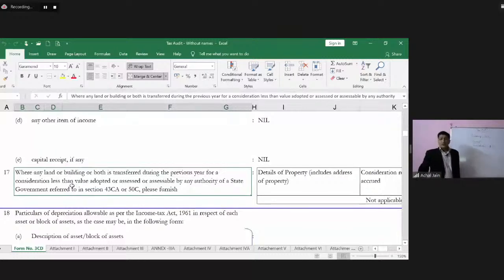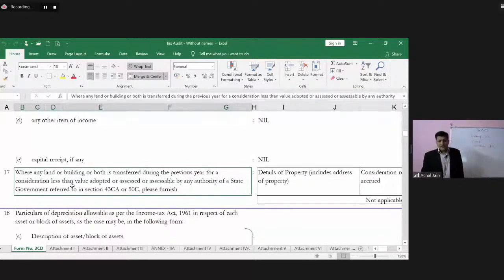Tax auditor can also look at some external sources in respect of the valuation of that area by physically checking it, or by getting it physically checked, or getting it verified from the valuations which would have taken place near around that area wherein this land or building would have been sold by the company, and that will become the basis for the tax auditor to conclude yes, there has not been any sale which is below this prescribed amount, and if there is any, then that is required to be captured.